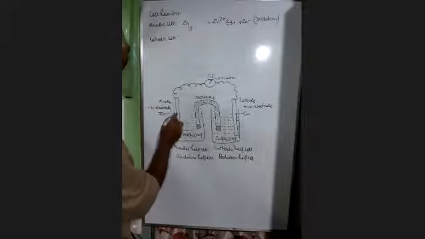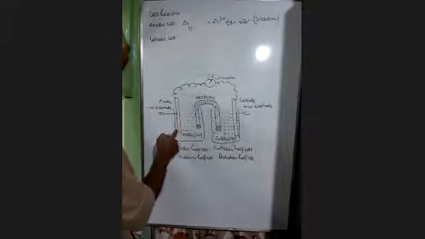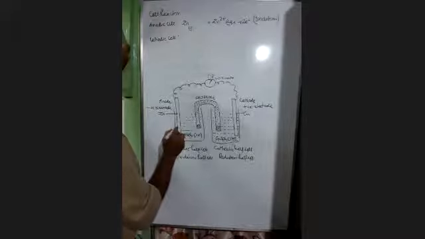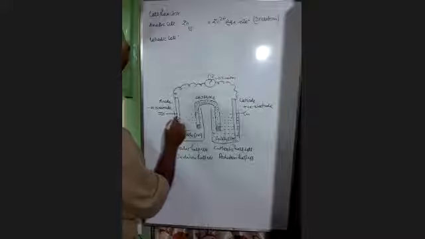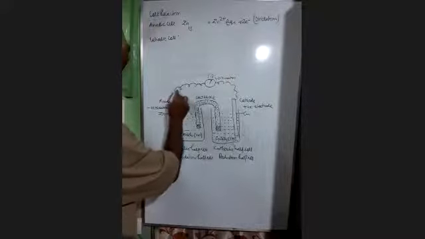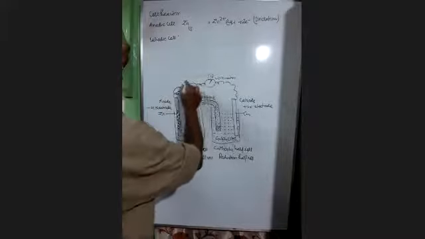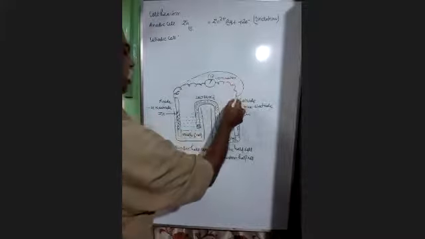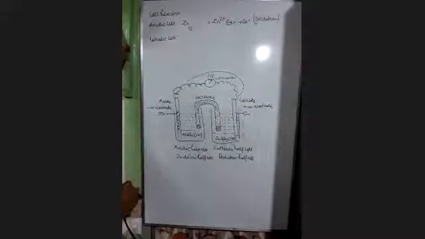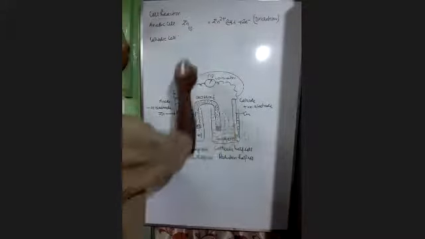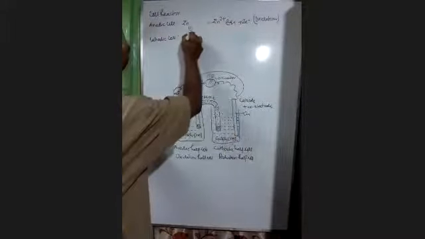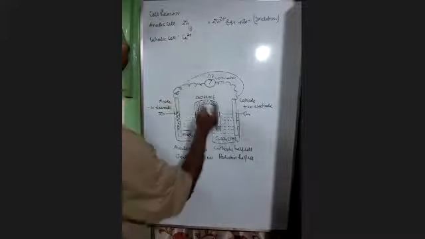See here. The zinc from the zinc rod is going to lose electrons on the surface of the electrode. So the electron will be here, and this electron will travel in this direction and come here. When it comes here, what will happen? The copper ion is there.